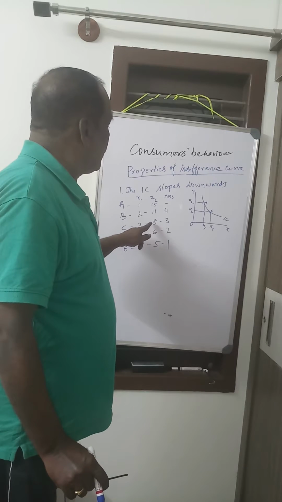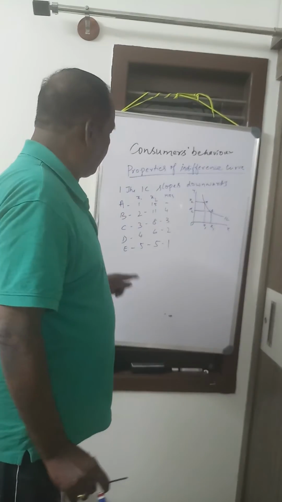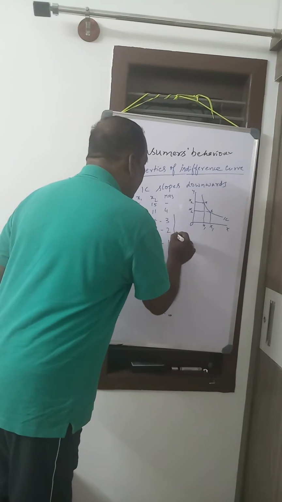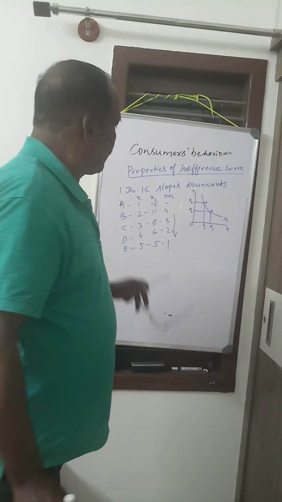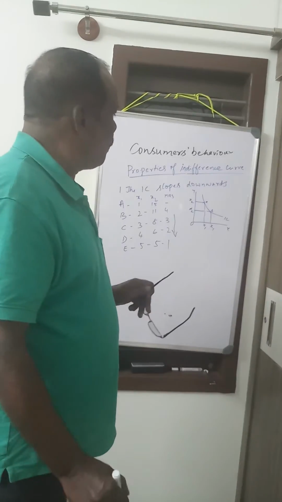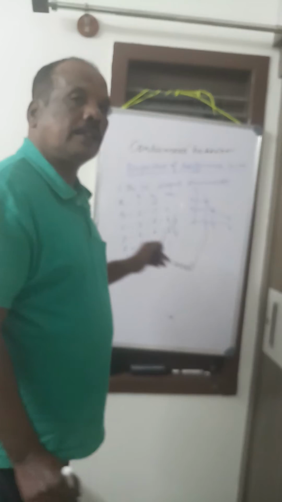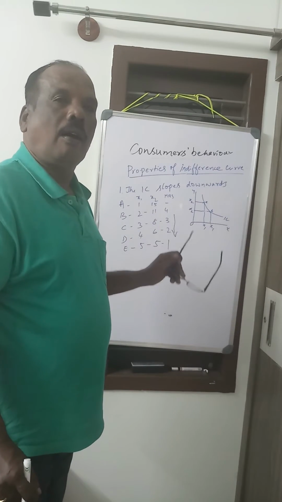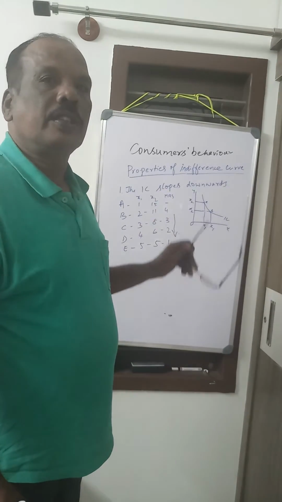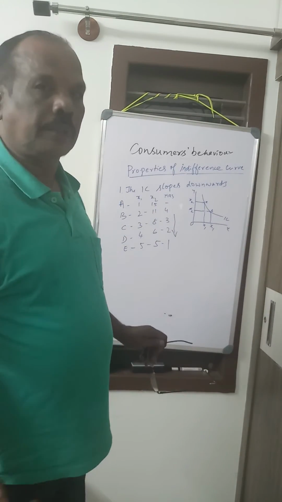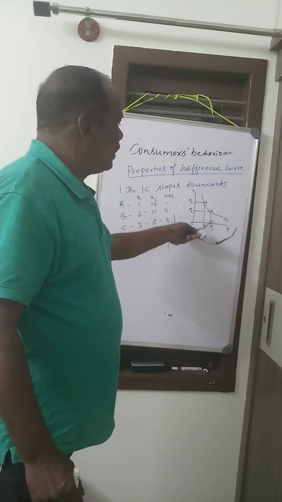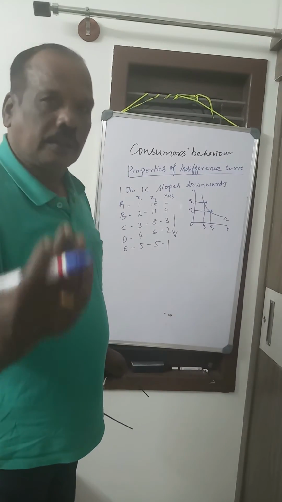So he has to sacrifice 3 of it. Like that, MRS goes on falling. So why does indifference curve slope downwards? It is because of the application of the law of diminishing marginal rate of substitution. That's MRS. That's why the indifference curve slopes downwards.